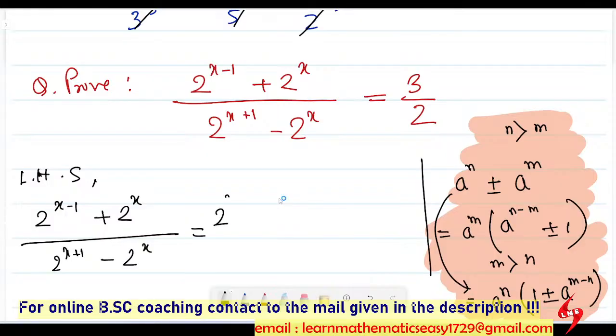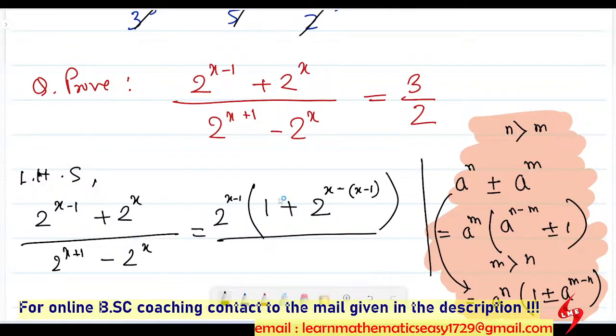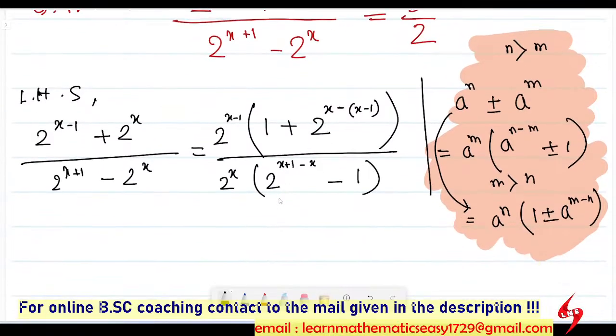So if I take 2 to the power x minus 1 as common, that will be 1 plus 2 to the power x, and the power will be subtracted like this. And from the denominator, if I take 2 to the power x as common, here the power will be subtracted like this. Because you all know that 2 to the power x is greater than 2 to the power x minus 1, and 2 to the power x plus 1 is greater than 2 to the power x.